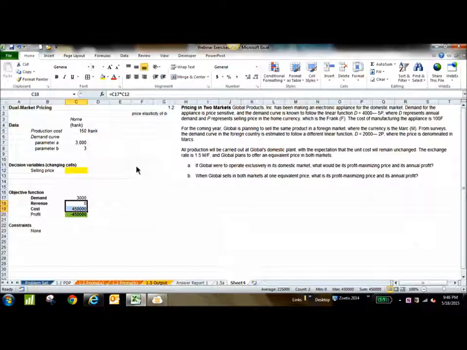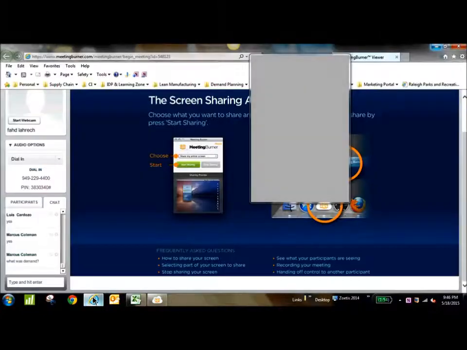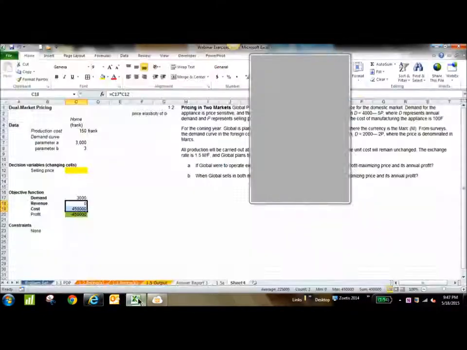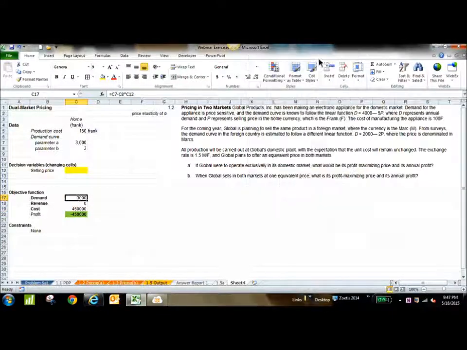So let me read through the questions, if there are any. What was demand? Demand is based on the formula. Remember, sometimes what you're going to get from the exercises are some deterministic values, some values that are known, like this one, 100 francs for the cost. Sometimes you're not going to get a value, you're going to get a formula. All you have to do is set up the formula as you read it. Set it up like you see here. C7, see, I don't write 4,000.